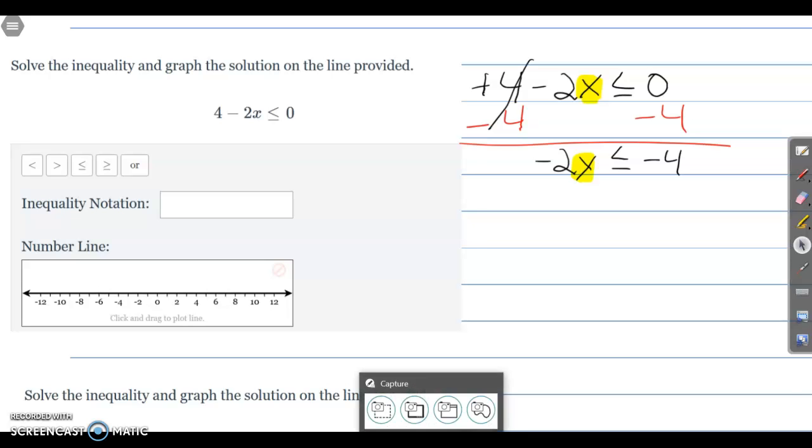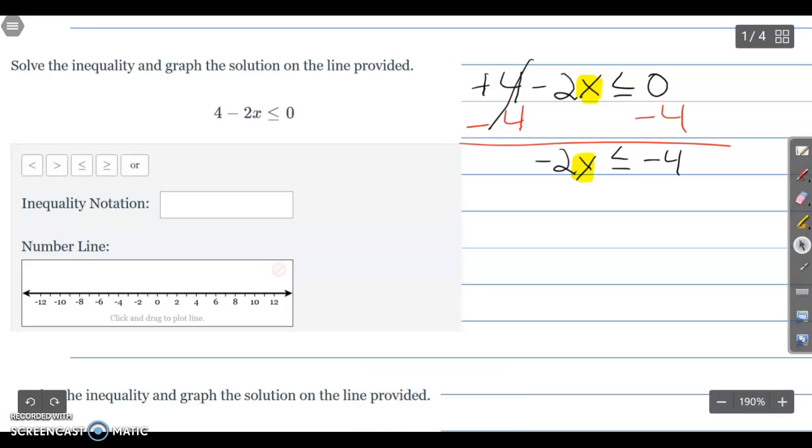Okay, in isolating that x, I'm going to divide that 2 from it. Opposite of multiplication is division. So I divide by negative 2 on both sides. Now here is where it's different. If you're dividing by a negative, you have to swap the inequality around. So I'm just going to change the direction of the inequality. So my 2's cancel out. I bring down an x.